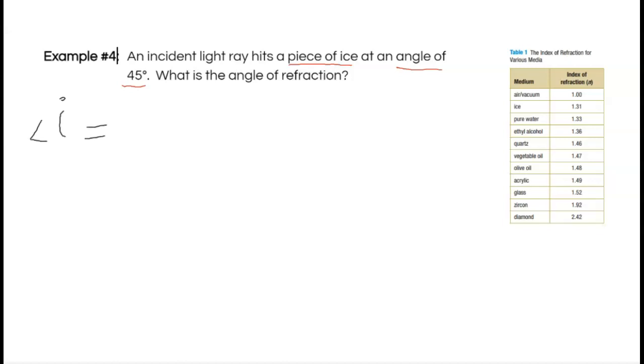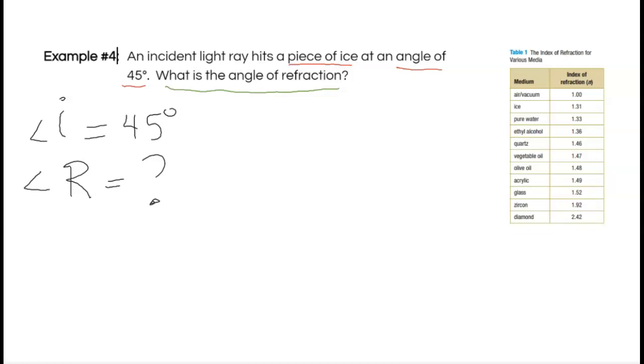Now, the question asks, what is the angle of refraction? That tells me that my unknown is big R. That is what I don't know, so that's going to make this question a little bit trickier.